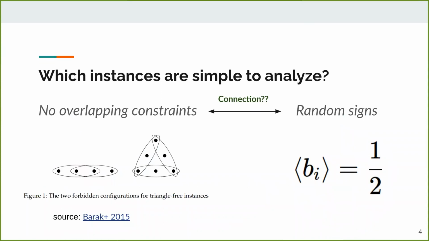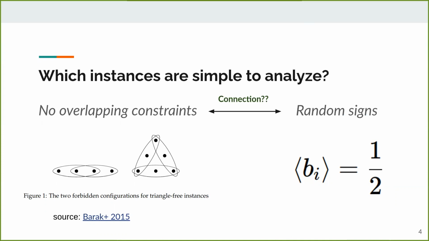Also, because this is analytic work, I'll be making an assumption that's kind of like the triangle freeness or the high girth assumption. For kXOR, this ends up called no overlapping constraints, where if you have 2 variables that share a clause, they don't share any other clauses, and none of their neighbors are shared.